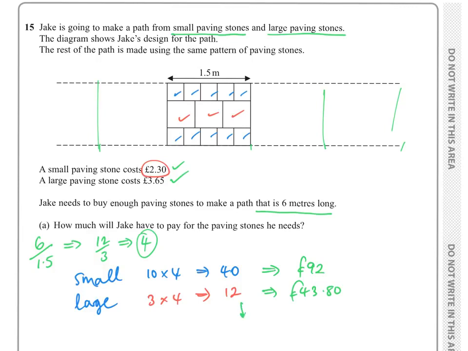What I should probably have here would be, because I've got 12 times 3.65, and here I've got 40 times 2.30. I guess you really should show as much working as possible.